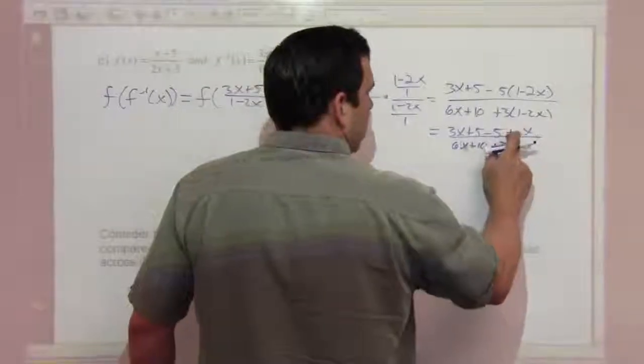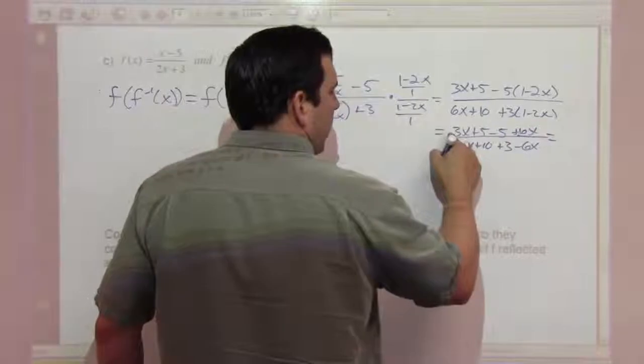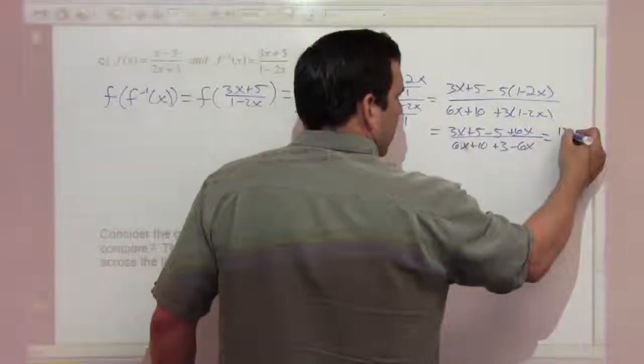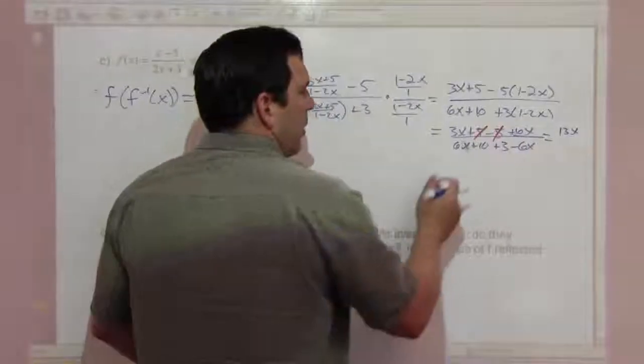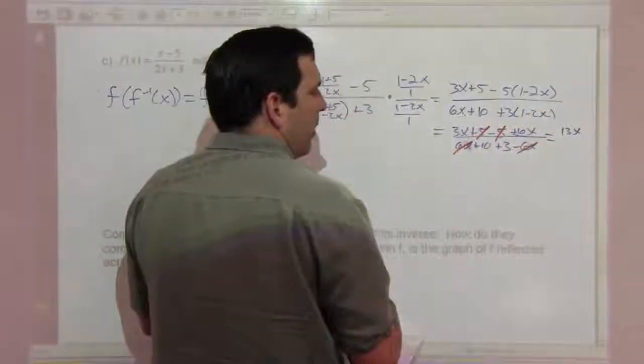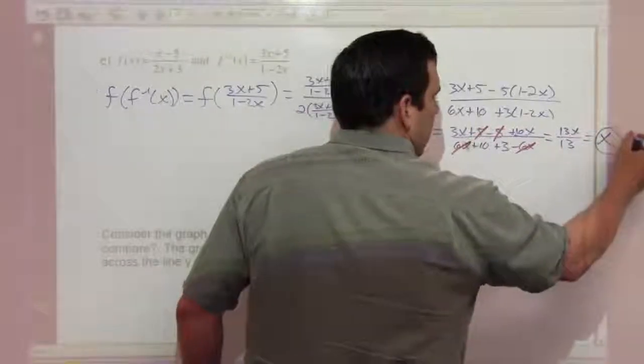This should be a 10x here, shouldn't it? There we go. Now on top, we have 3x plus 10x is 13x, where these 5s will subtract out. Down below, the 6x's subtract out, and we're left with 13. That leaves us with just x. So that one worked.